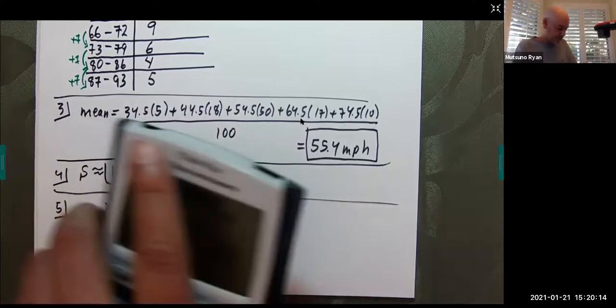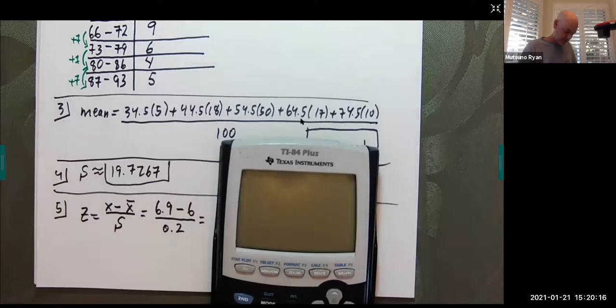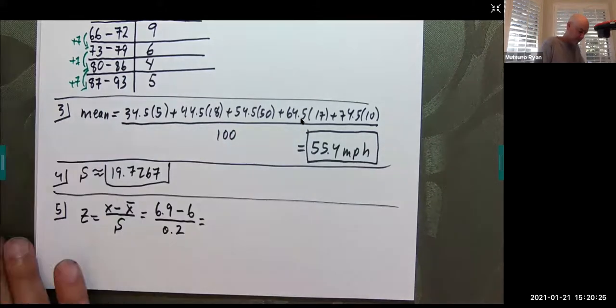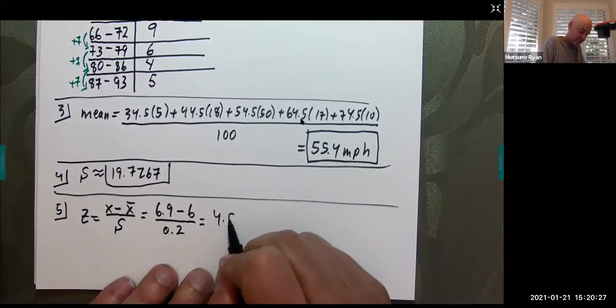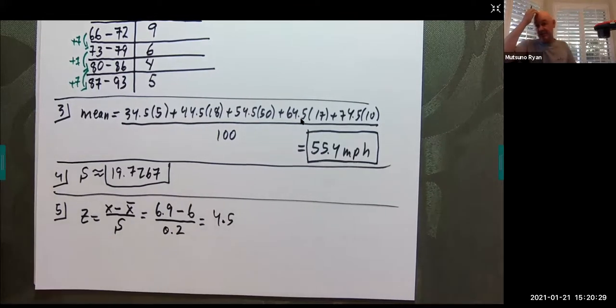So this gives me 6.9 minus 6 divided by 0.2, which is 4.5. And they ask, is his score unusual?